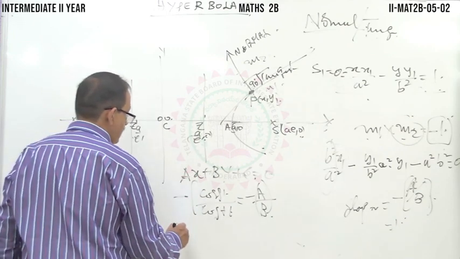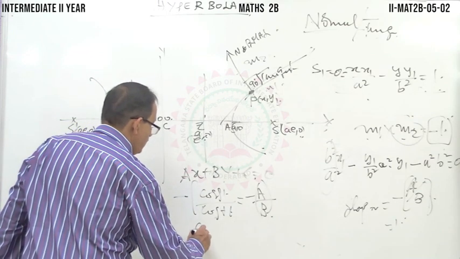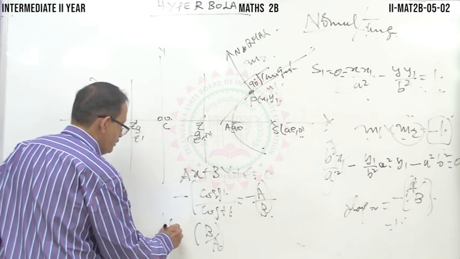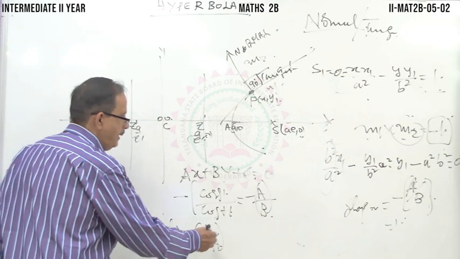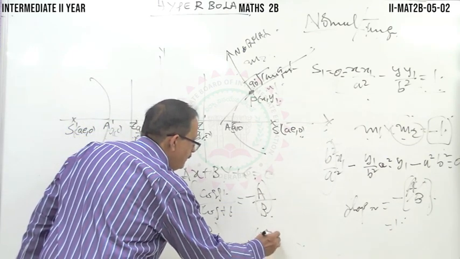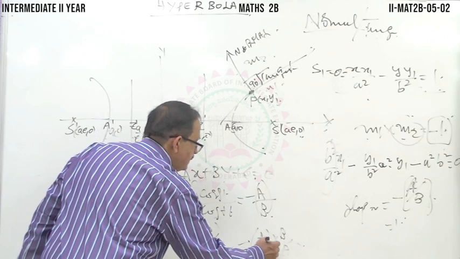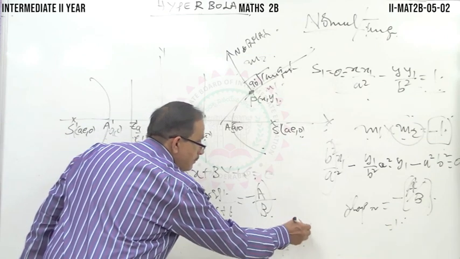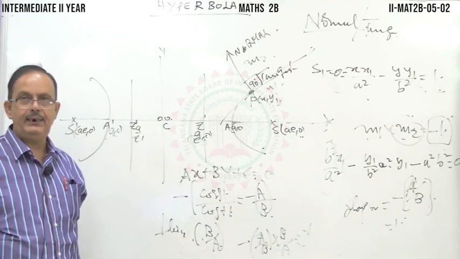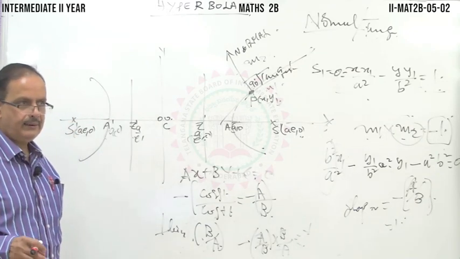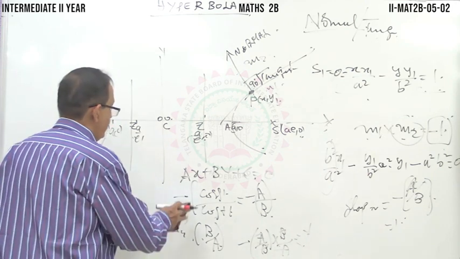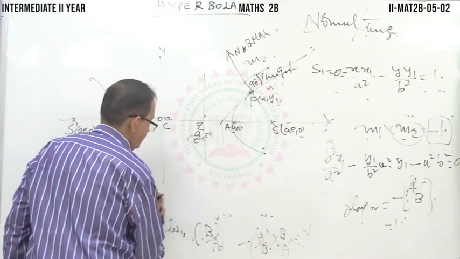The perpendicular line to this will have slope b by a. The product of these two, minus a by b into b by a, cancels and you obtain minus 1. This is the simple logic which you have studied in pair of straight lines and straight lines in the first year, and the same way it applies to the tangent as well as to the normal.